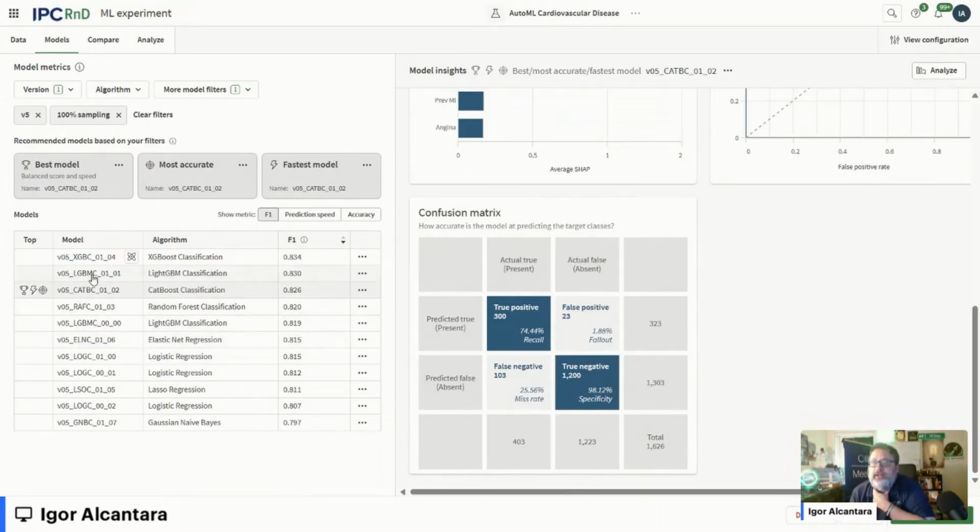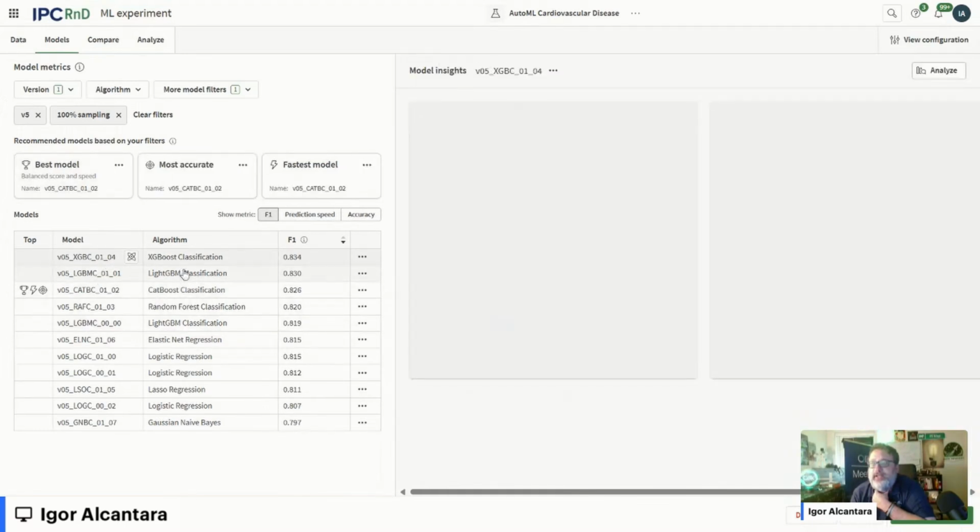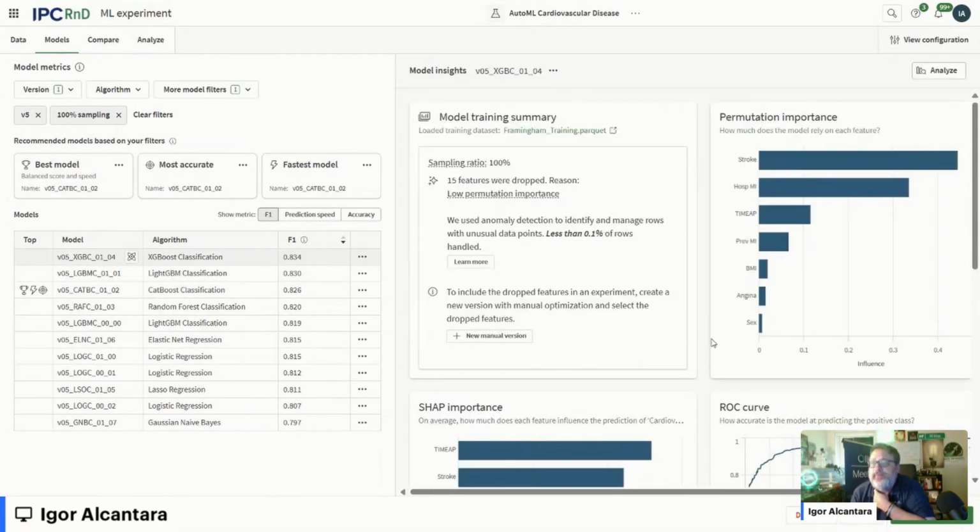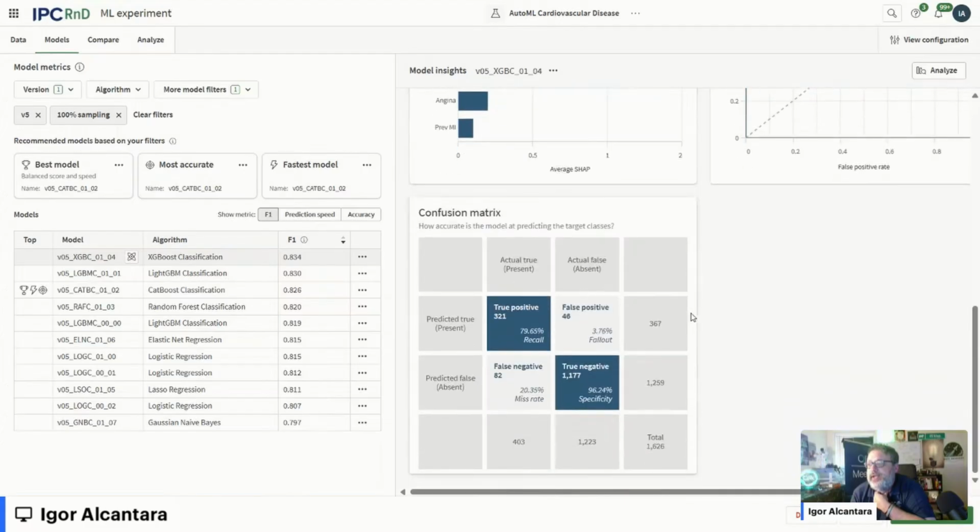So you might analyze other models, and might find this other one, the XGBoost classification, and I come here and say, well, you know what? I lose like 2% of true negative. It's still pretty good, 96%, but I get a better true positive. I think I'll stick with that. Thanks, Qlik Predict. You gave me an amazing recommendation.